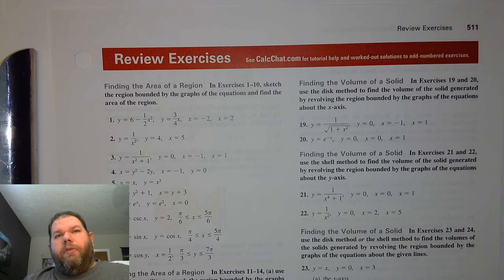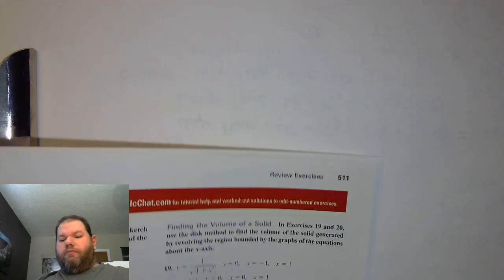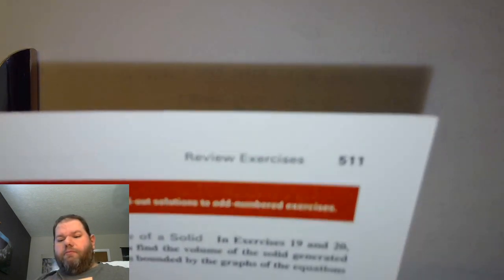But for the in-class portion, that'll cover sections 7.1 through 7.4, and then the take-home portion would be 7.5 and 7.6, which is on the work problems and the centers of mass problems. Okay, so let's go through some of these, or all of these actually. I think we'll have time.